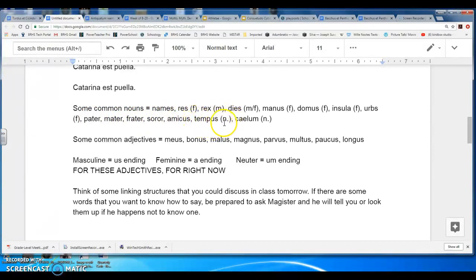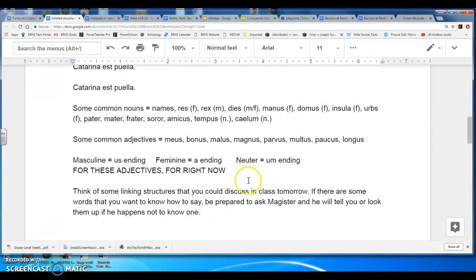Tempus is time, and that's neuter. There's 3 genders in Latin, remember. And caelum, which we talked about, is sky. That's also neuter. And then some adjectives that go along with those: meus, mine, or that could go along with those. Any adjective can modify any noun. So meus, bonus, malus, magnus, parvus, multus, paucus, and longus.